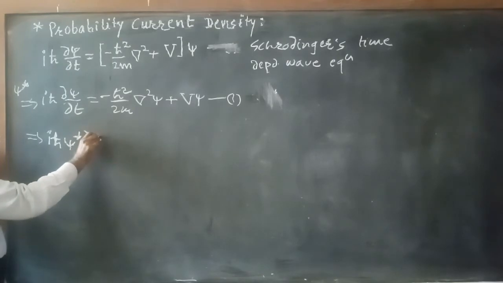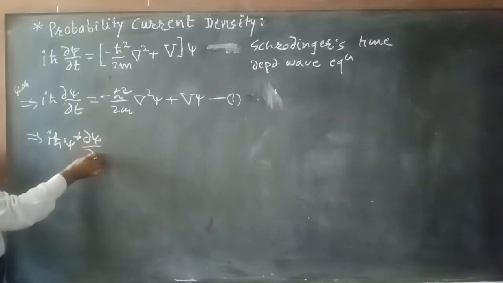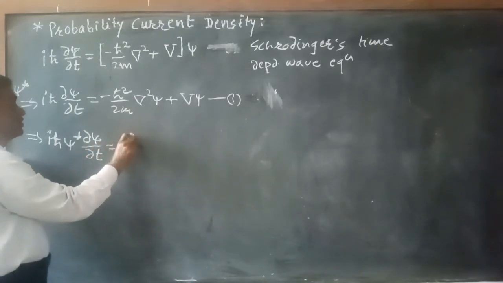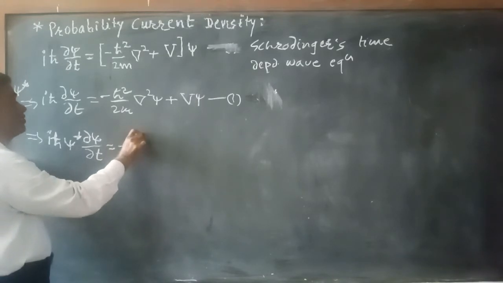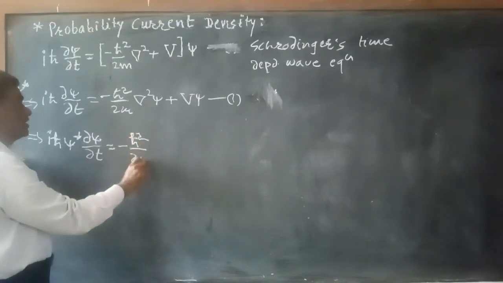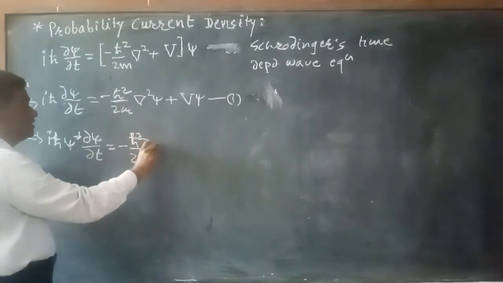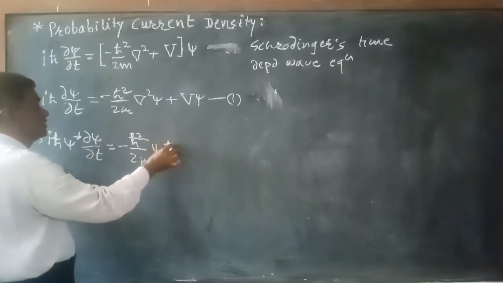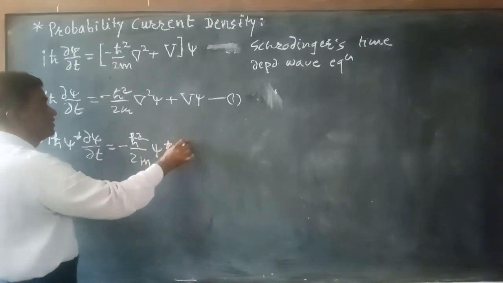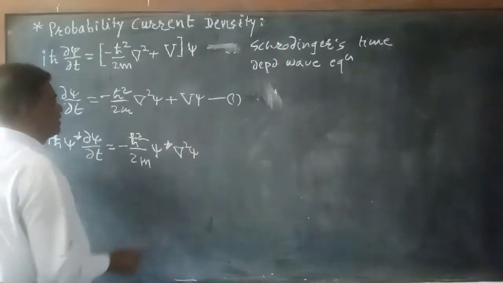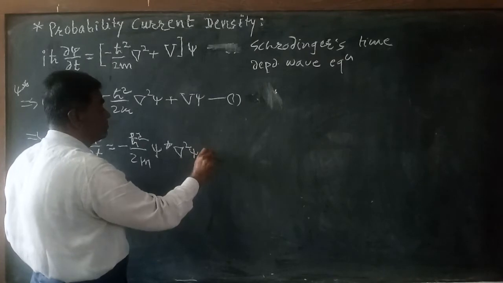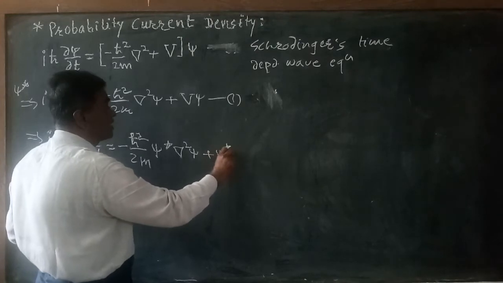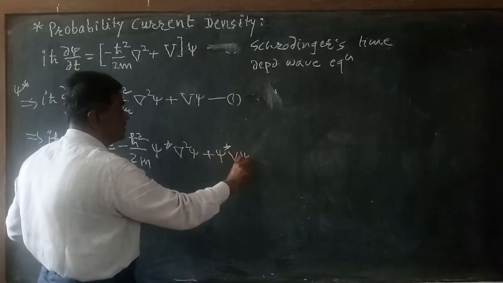i h cut psi star delta psi divided by delta t is equal to minus h cross square divided by twice m, into psi star del square psi, plus psi star into V psi.